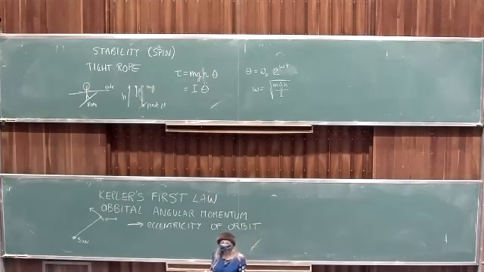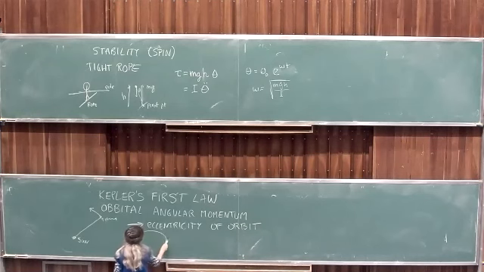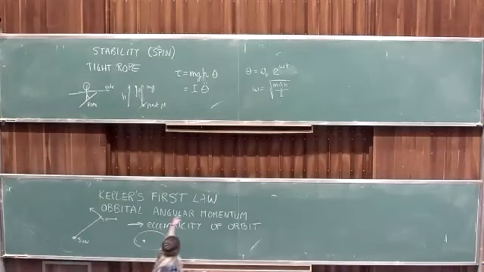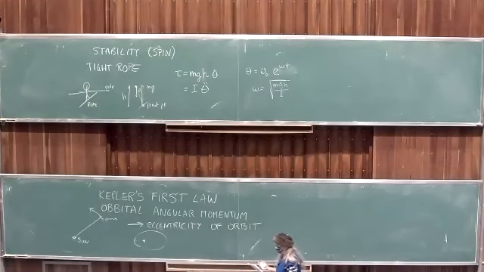So instead of having a circular orbit, we're going to have an eccentric orbit, and so it's going to get closer and farther away from the sun. And the focal point of the ellipse will be at the sun. So I started off by saying this is Kepler's first law. So what's Kepler's first law?